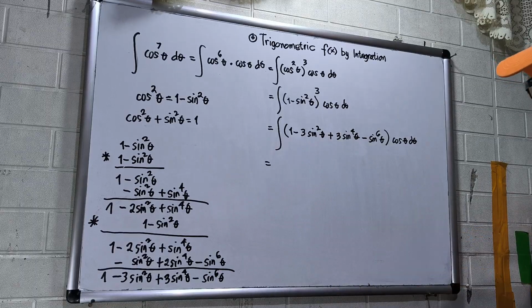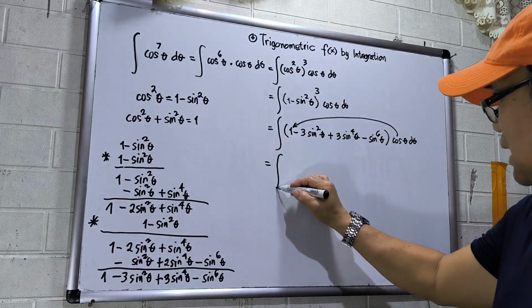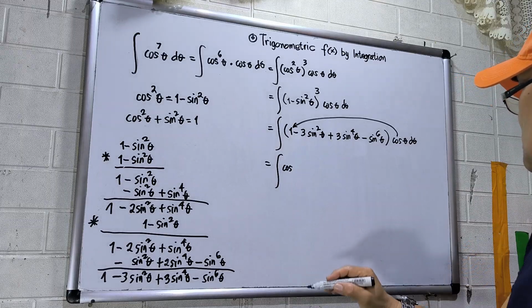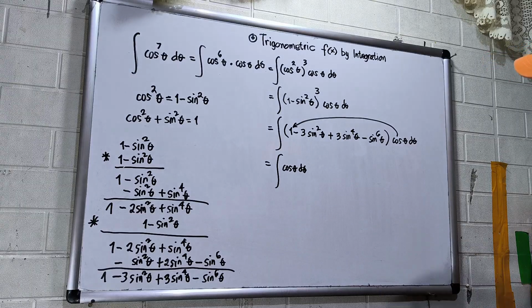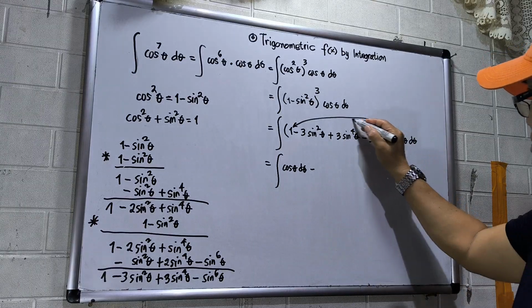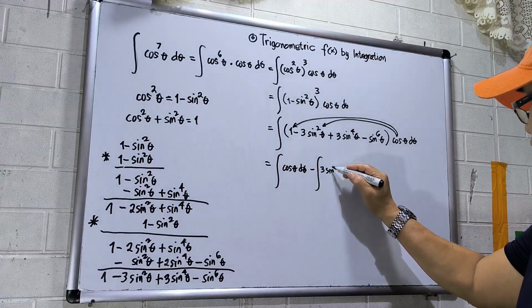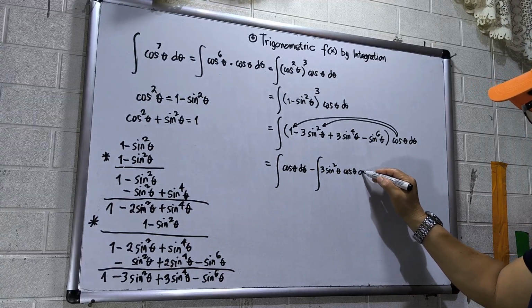Okay? And then multiply. So this will be the integral of cosine theta d theta. Then minus the integral of 3 sine squared theta cosine theta d theta.